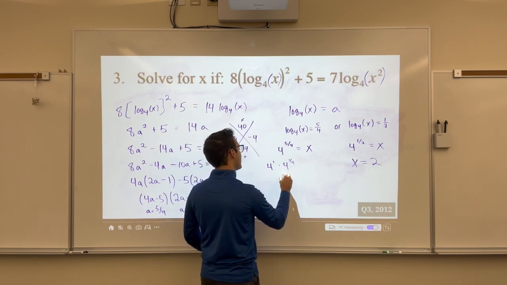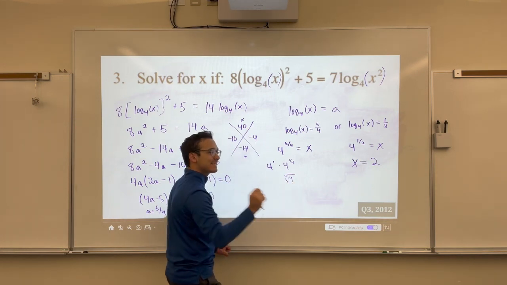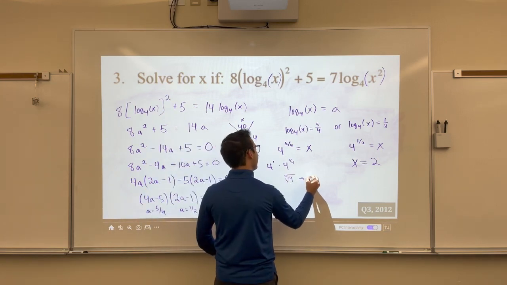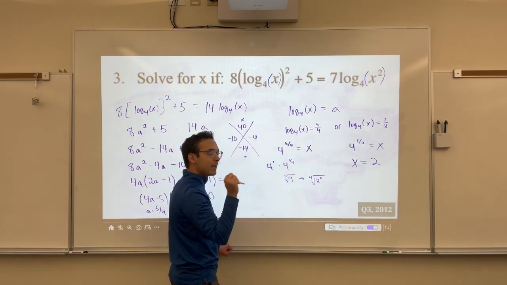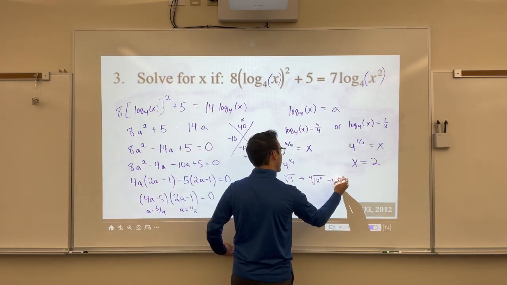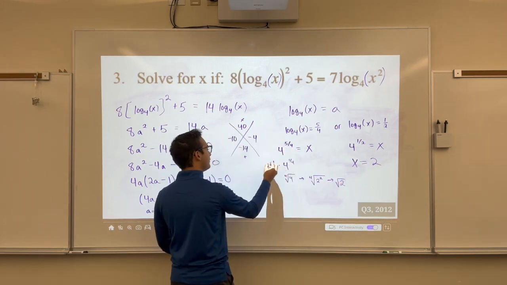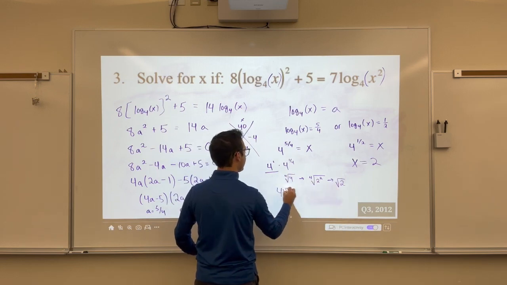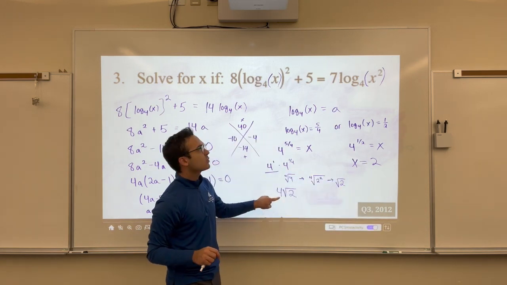We can say that it is the 4th root of 4, but that's actually not in simplest radical form because 4 itself is a square number. So we can rewrite this as 4 raised to the 2 squared, and that's the same thing as saying the square root of 2. So 4 to the 5 over 4 is equivalent to 4 times the square root of 2. So we found that the two values of x are 2 or 4 times the square root of 2.